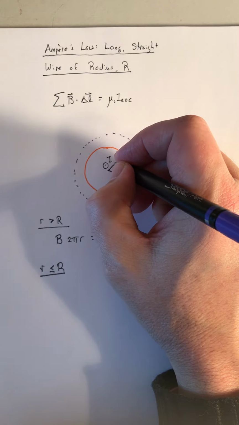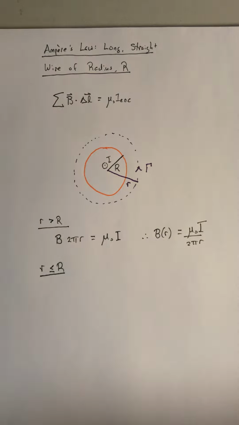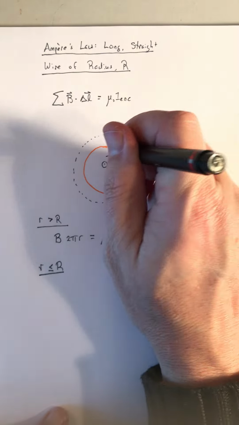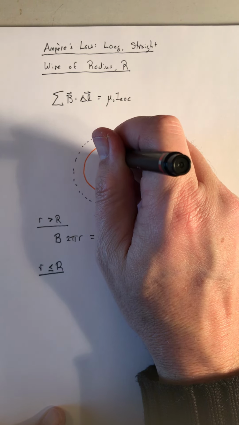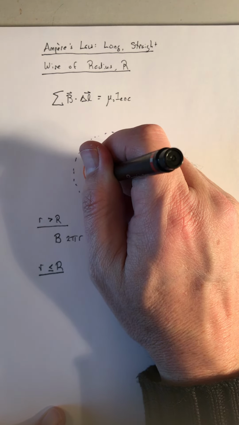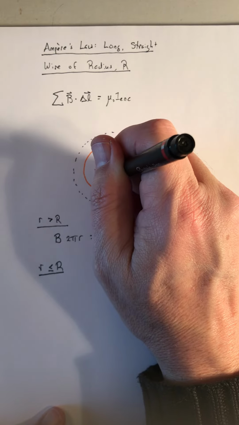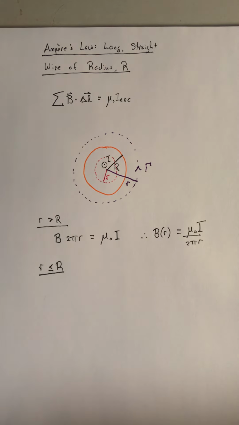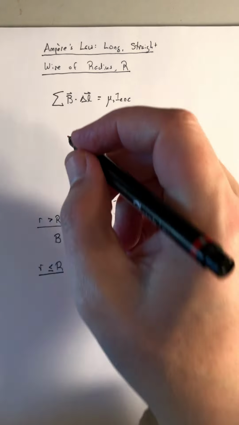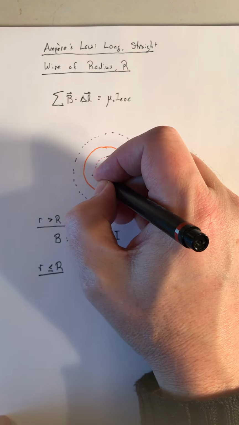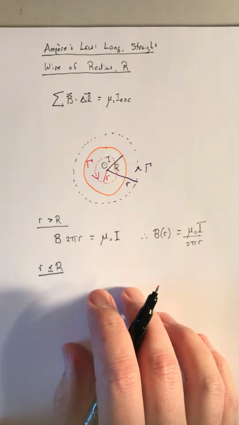So now I'm going to consider a loop all inside, so something like that. There's little r. And now we're going to use that loop gamma.